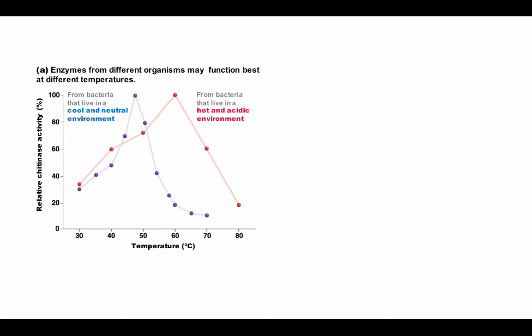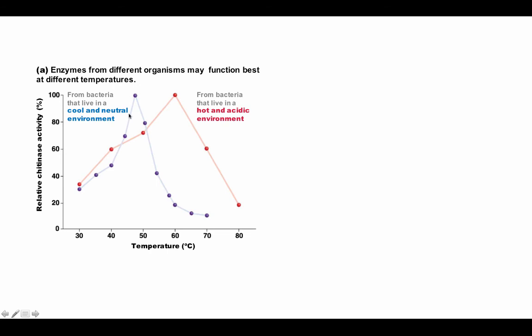usual environment. So here we see different graphs for different bacteria that live in a cool and pH neutral environment as compared to bacteria that live in a hot and acidic environment. And we see the relative enzyme activity of a particular enzyme at different temperatures.